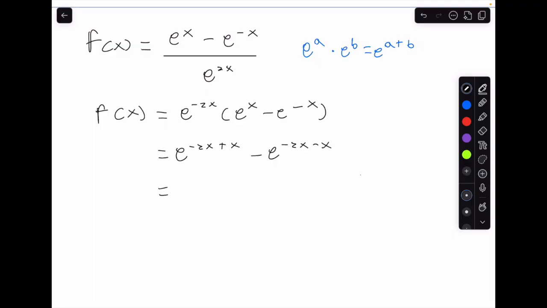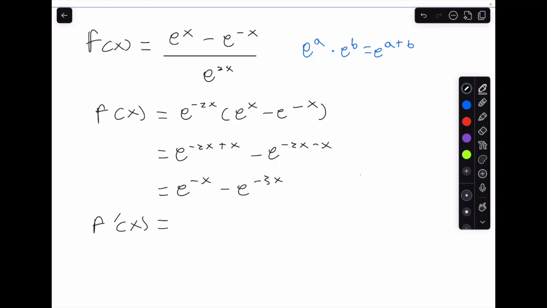Now we can simplify. We have e to the negative 2x plus x, that's just e to the negative x, minus e to the negative 2x minus x, so that's e to the negative 3x. And look at that. We've manipulated this with algebra into becoming a super easy derivative. So let's take the derivative now.